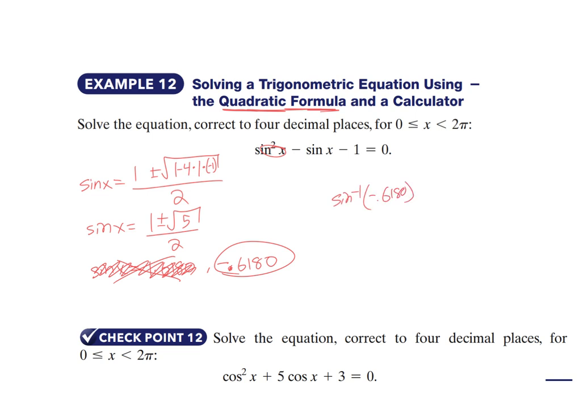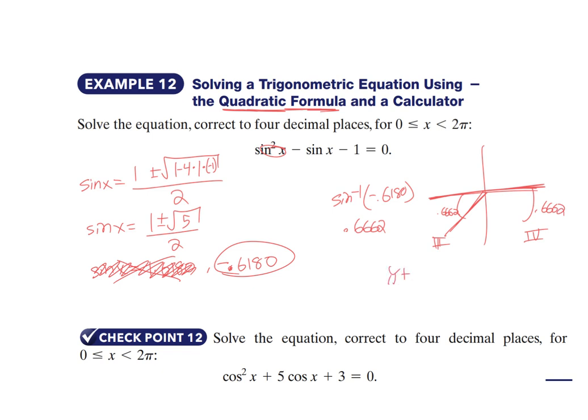Now, I know that the sine is negative in the third and fourth quadrant because the sine is the y-coordinate, so it's below the x-axis. So when I take the inverse of that, I get 0.6662. So I'm going to do pi plus 0.6662, and 2 pi minus 0.6662 to figure out my answers.